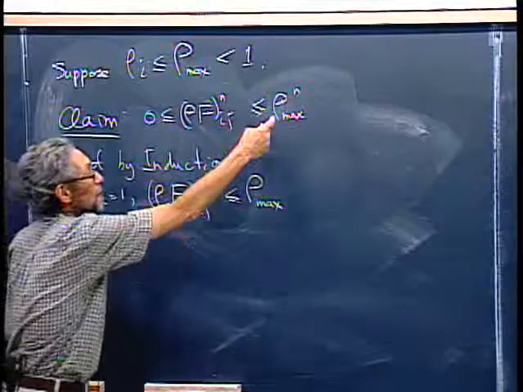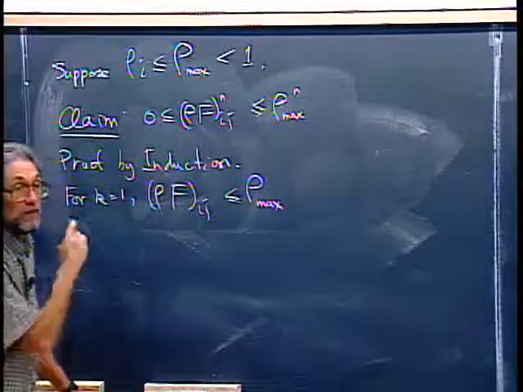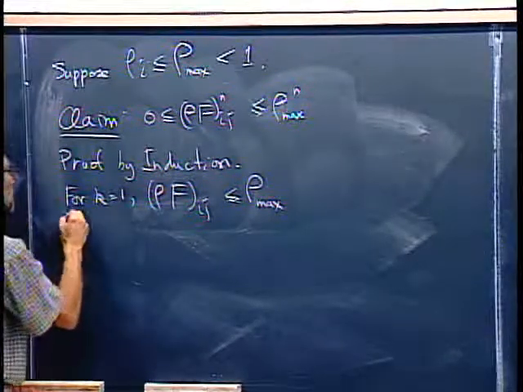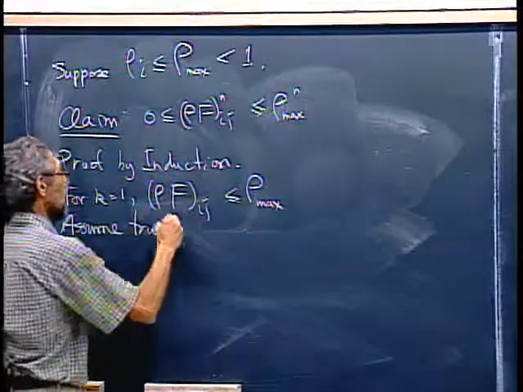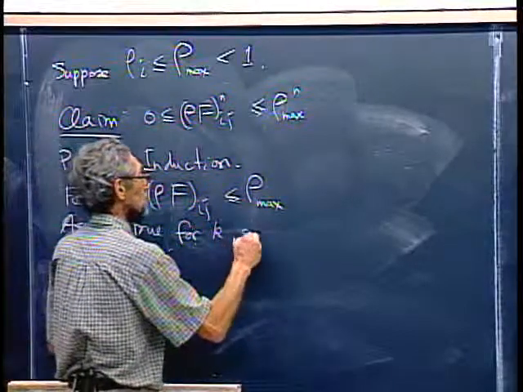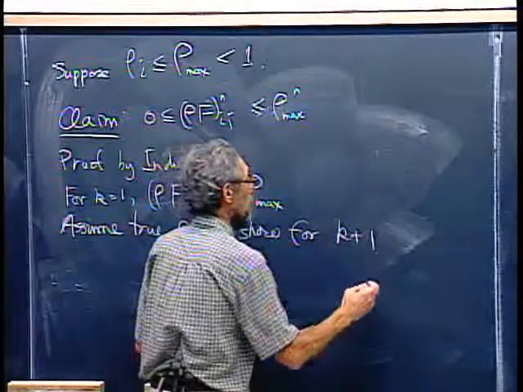So it's dominated by that because these numbers are less than or equal to 1. So we got the n equals 1 case. And then assume true for k, show for k plus 1.